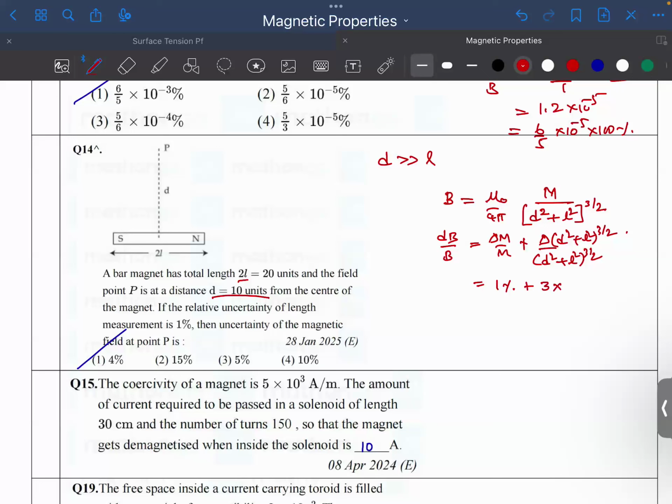Here you will have 3 times 1%. If I take D square plus L square under root as some Z, remember this is again a length term. So cube power 3 we have. So therefore, obviously this will become 4%. That is how you should identify. Or you do, you'll get the same answer.